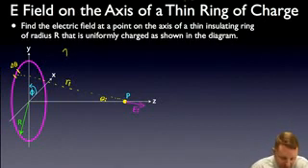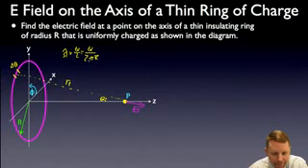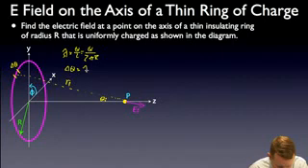So let's say that lambda is the total charge divided by the total length, which in this case is going to be q over the circumference, or 2 pi capital R. Delta Q, on the other hand, is going to be our linear charge density lambda times the length of that little section, which is going to be r, our radius, d phi.